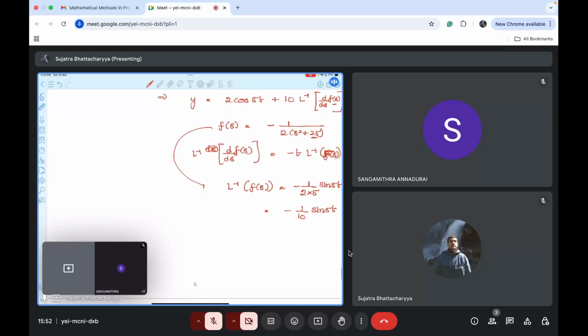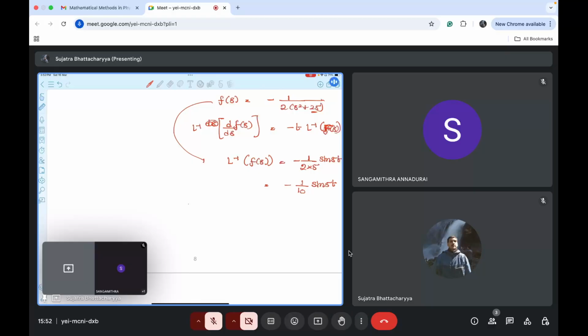Let me just quickly see whether it is t or minus t. Okay, it is minus t, so it's fine. Therefore, L inverse of d/ds of F(s) is nothing but t by 10 sine 5t.